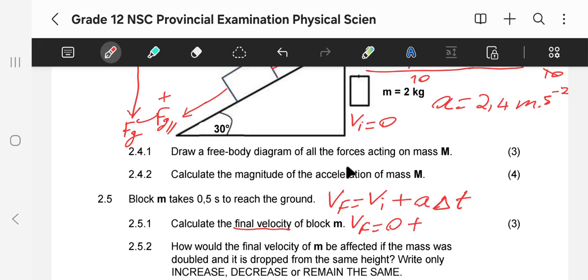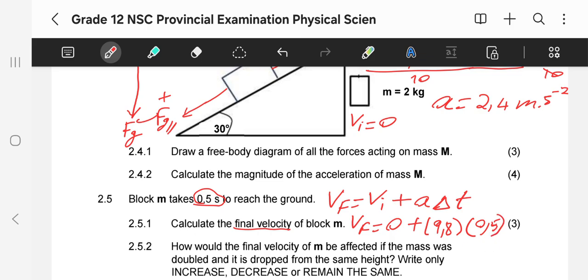You also have to notice that, guys, this is more of a vector question, and that means we have to consider direction when doing this calculation. So we are taking downward as positive in this case. Thus my acceleration, which is a constant, is going to be a positive 9,8. What about my time? My time is given here as 0,5 seconds.